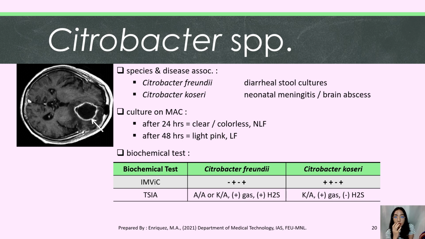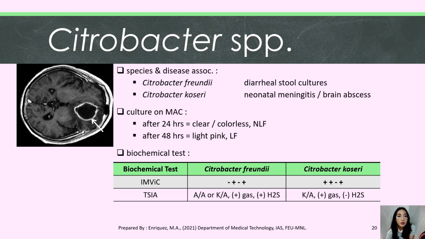And then for Citrobacter koseri, here they cause totally different clinical manifestations such as neonatal meningitis and brain abscesses that can be seen in CT scans such as these ones.